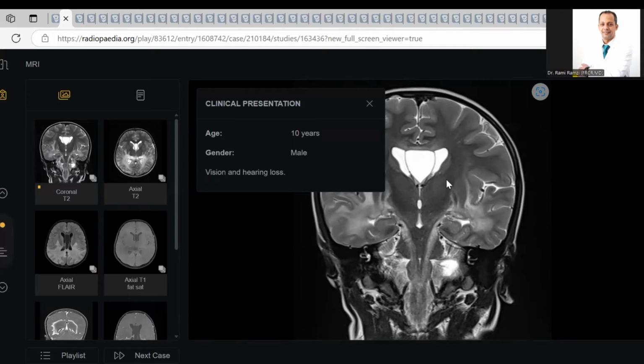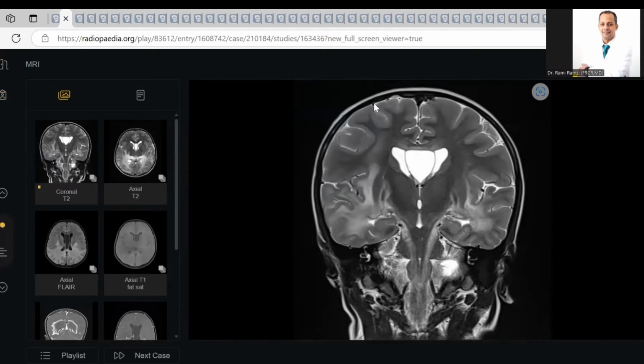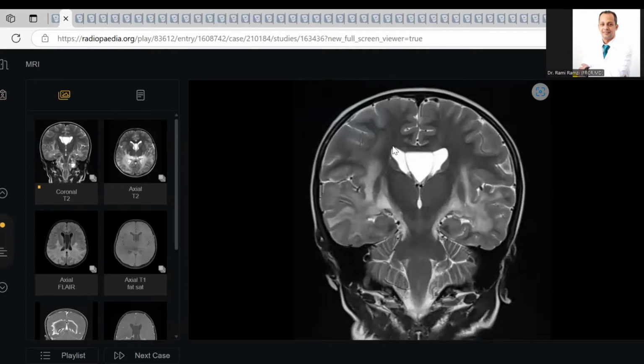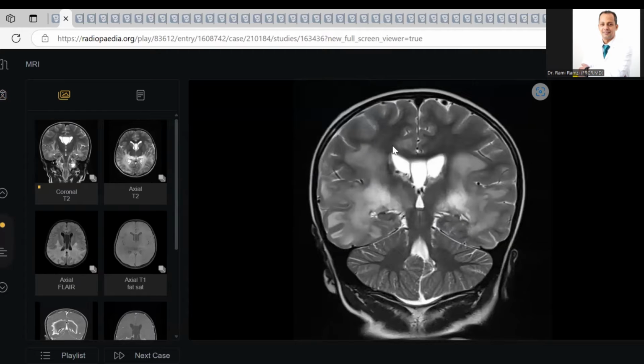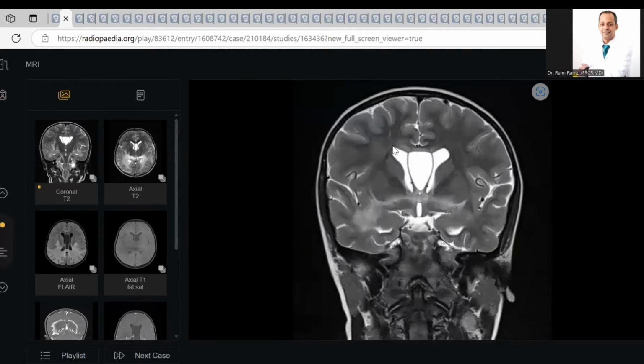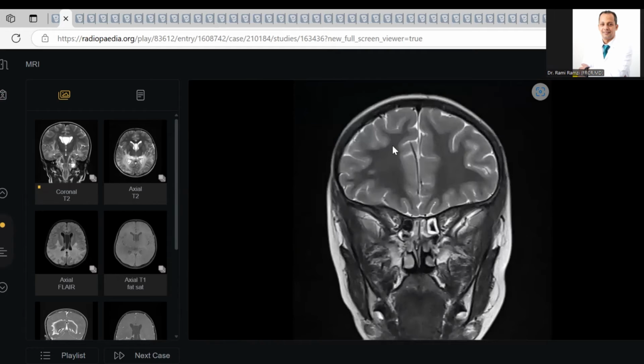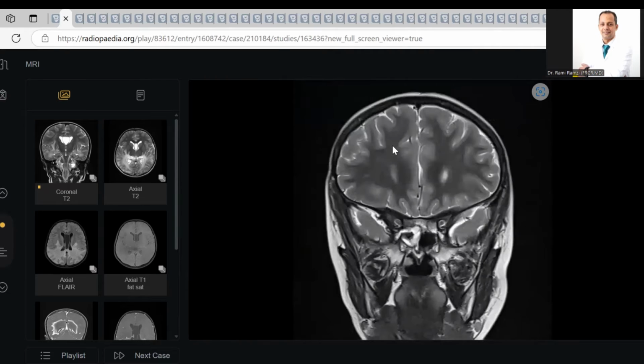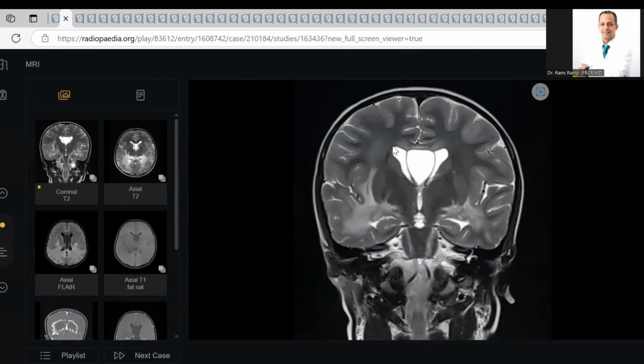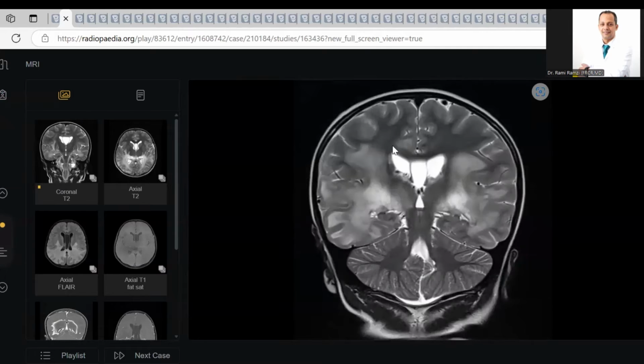Candidate number one. A 10-year-old male patient complaining of vision and hearing loss. I'm provided with coronal T2 MR images of a 10-year-old male patient who has presented with vision loss, and I can see T2-weighted hyperintensity in bilateral temporal lobes.